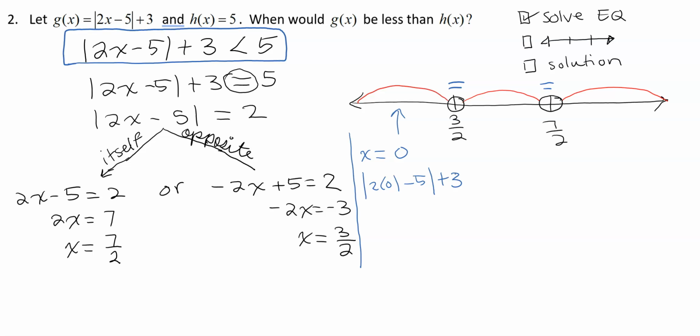The question is, is it less than 5? Let's do the math. 0 minus 5 is negative 5. The absolute value of negative 5 is 5. 5 plus 3 is 8. And 8 is not less than 5, right? No, not the case. So not here.